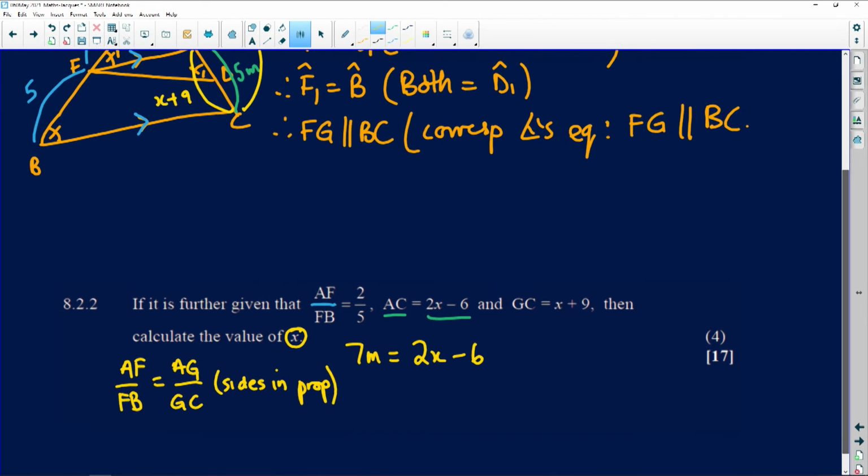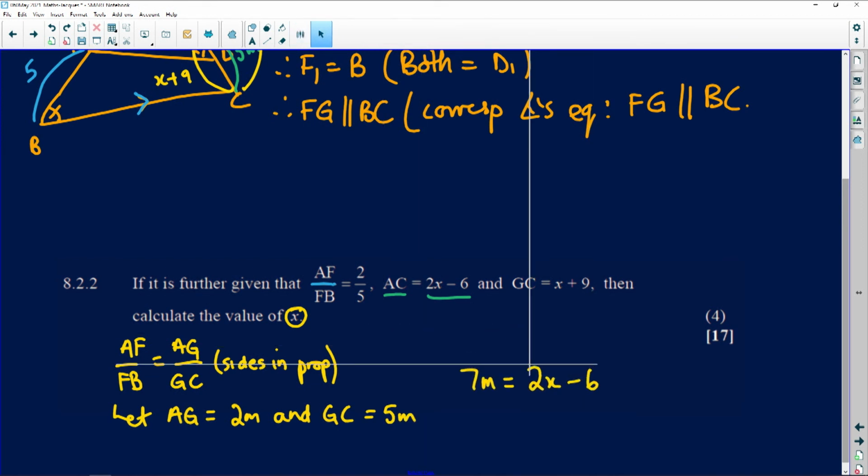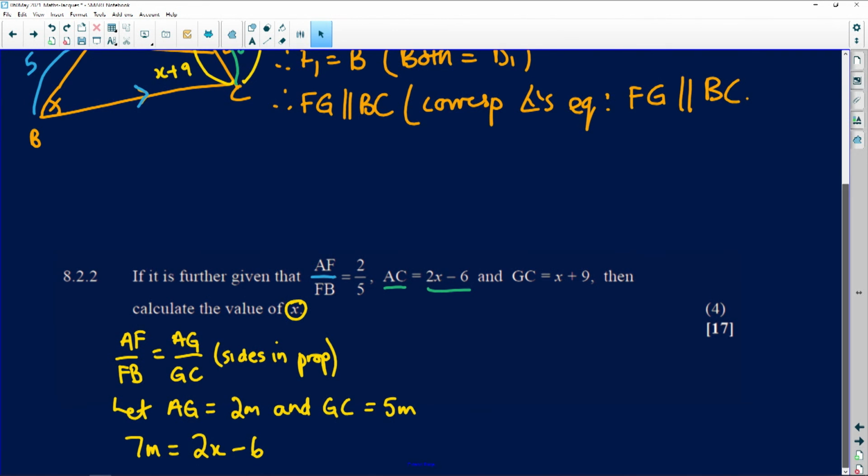Okay, so now we're going to let AG equal 2m, and GC equal 5m. And then we're going to bring that into the picture. So we're going to say 7m is therefore equal to 2x minus 6, and that will be our first equation.